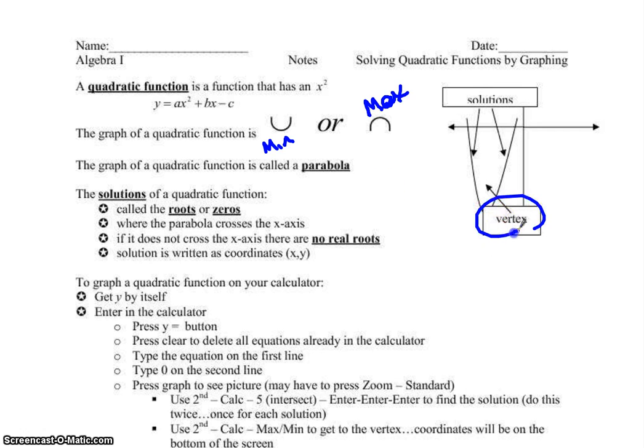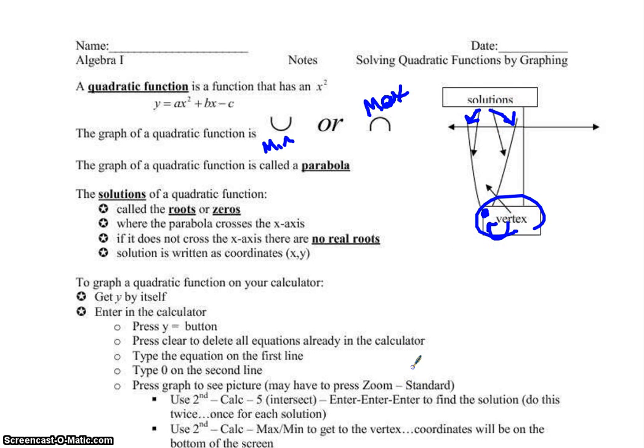That's called your vertex. Okay, now these arrows are a little bit messed up. Your solution should point here, and your vertex is going to be this point down here. Okay, that's your vertex. And it's either a minimum or a max. On this one, it opens up. Your vertex is a low point, therefore it is a minimum.